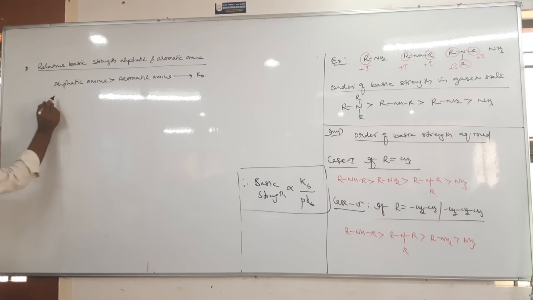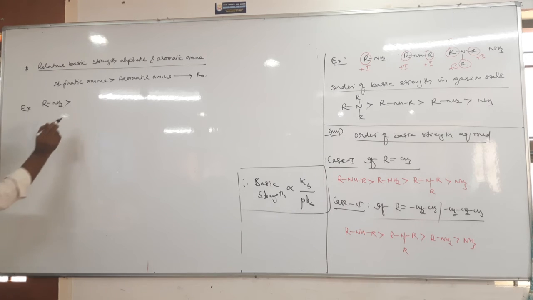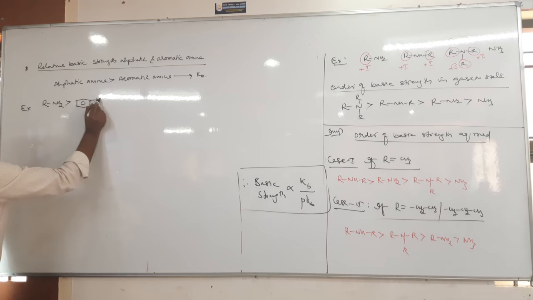For example, let us take RNH2, which is aliphatic, and aromatic is aniline. Among these two, aliphatic is more basic. Why?